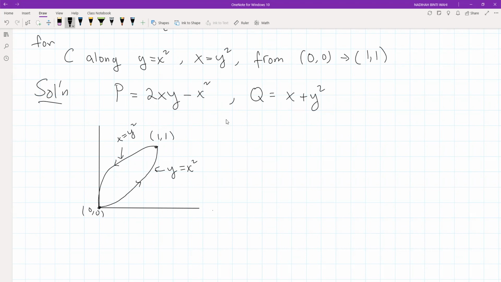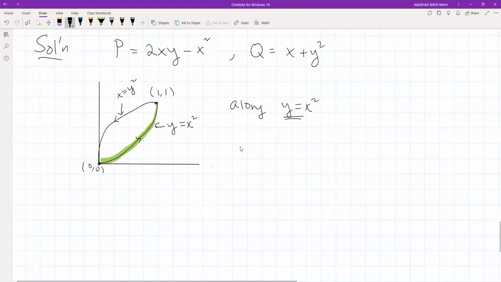Okay, how about the path? Let's say we need to evaluate this line first. So along this line first, we take this one. We don't have much time, along y equals to x squared. So meaning that we need to put y equals to x squared.